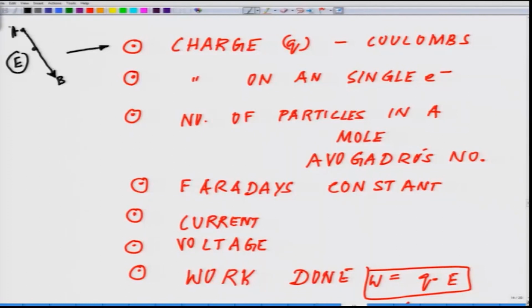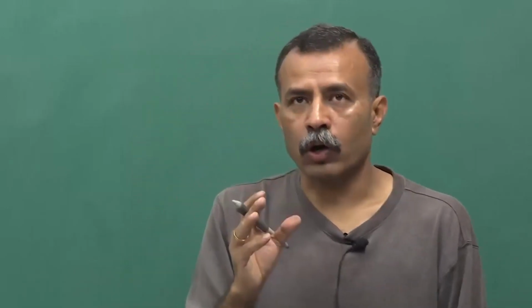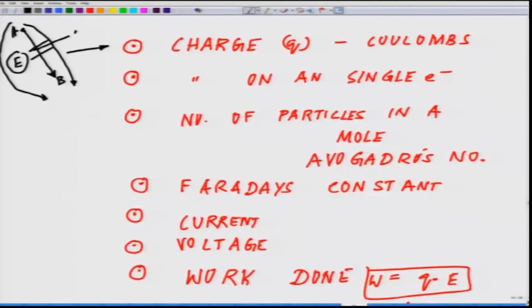So, the amount of charge moving from A to B is basically the amount of reaction which has occurred. Now, the rate at which charge moves, or the current, is essentially the rate of reaction.